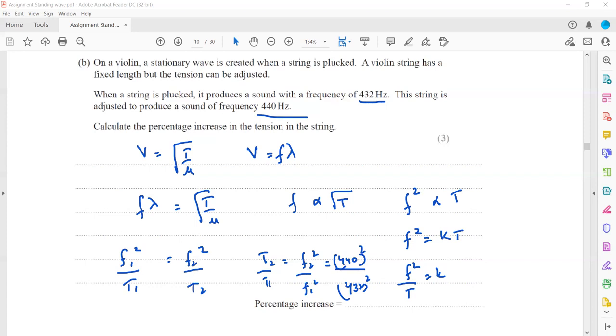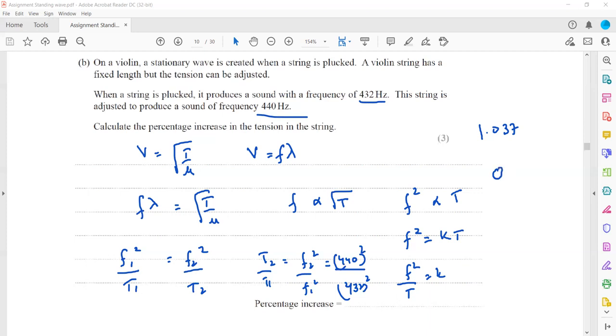So the ratio has changed, like this is 1.03. What does it mean in terms of increase? If this ratio was 1, it means there was no change. But if we are getting 1.03, if we convert into percentage, it means how much it increased.